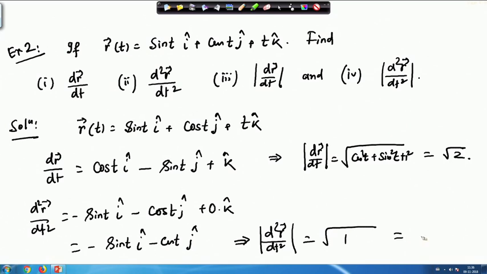So, ultimately 1. That is the required answer, and it cannot be plus or minus 1 because we are talking about the magnitude, and the magnitude cannot be negative. That is why we are always taking the positive value. So, this is the required solution to this problem.